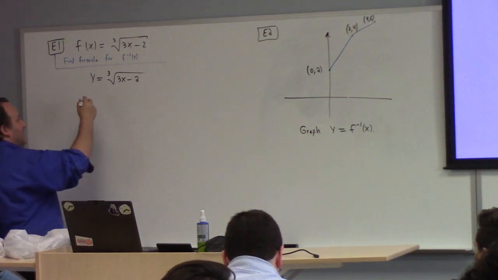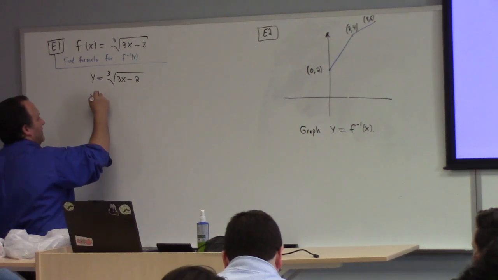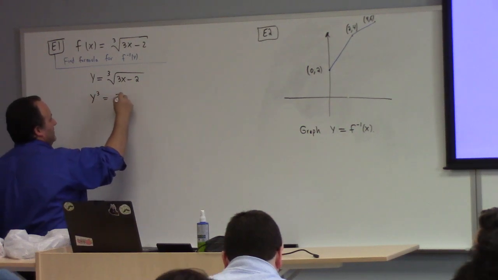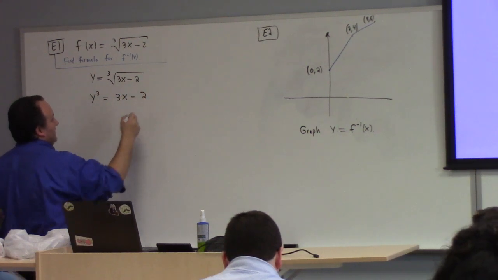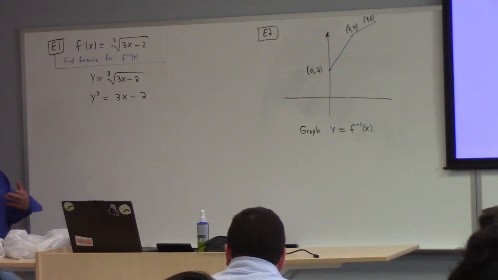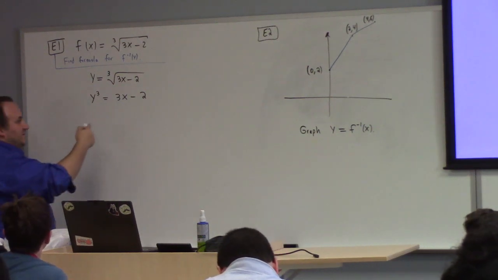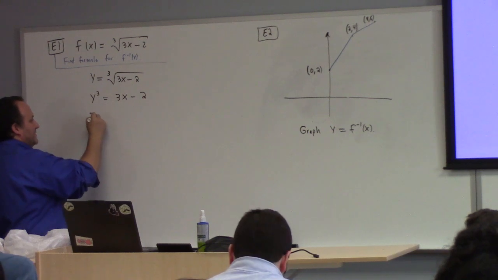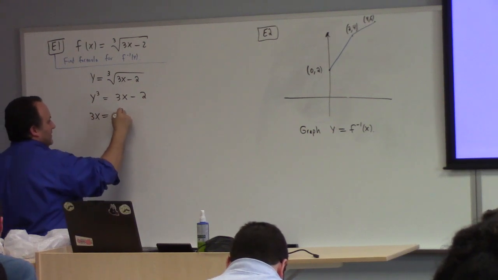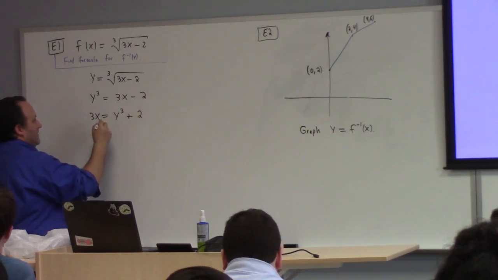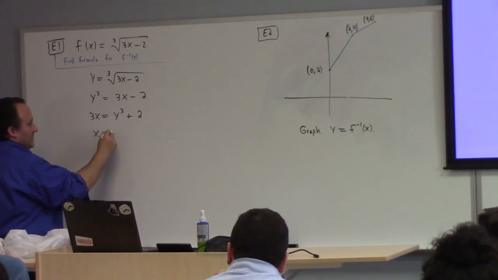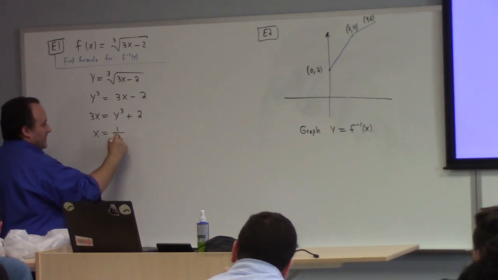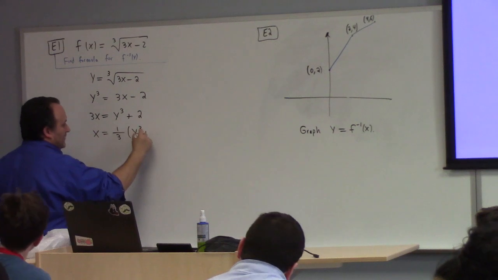Okay, and why are we going to do that? We're going to do that to try to solve for x, right? That's our goal, to solve for x. So this gives us 3x equals y cubed plus 2, divided by 3. All right, so x is equal to 1/3 of y cubed plus 2.